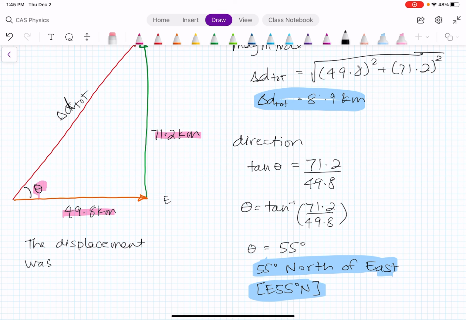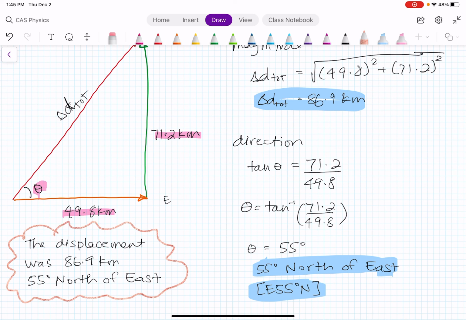It's 86.9 kilometers. And then it would be 55 degrees north of east. So that's my final answer that I would want to record.